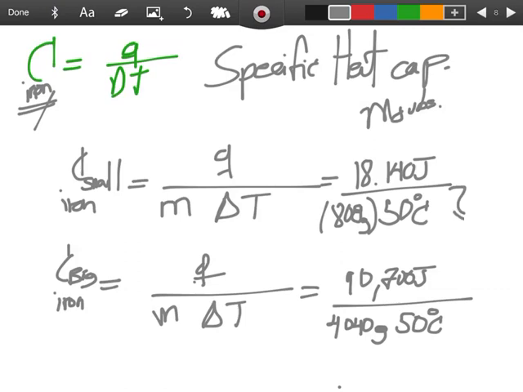And if you perform the math for both of them, you're going to see that they give you exactly the same number, which is 449 joules over grams Celsius.